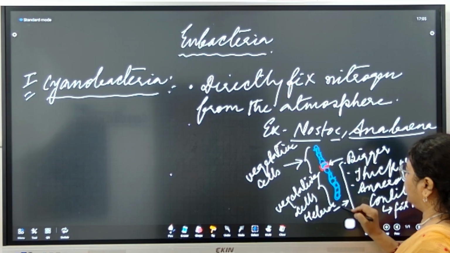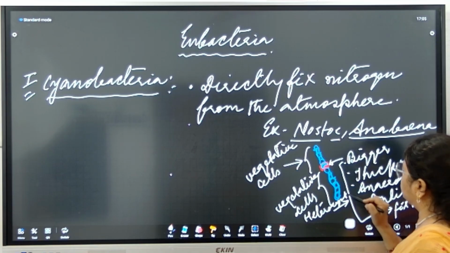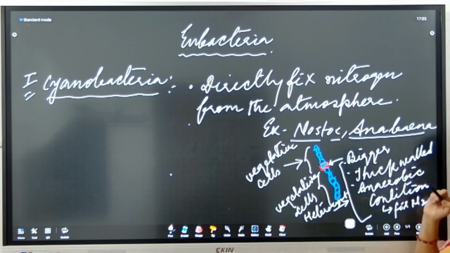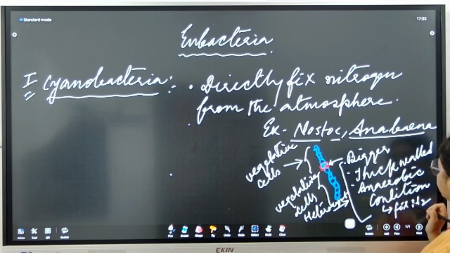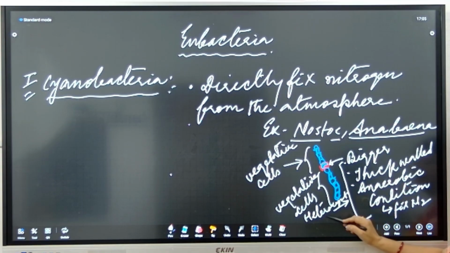What is the name? Heterocyst. Hetero means different, different from other cells, and cyst means it has a very thick wall. Why does it have an anaerobic condition? Because it fixes nitrogen with the help of the enzyme nitrogenase, which would be destroyed by oxygen if oxygen were present.